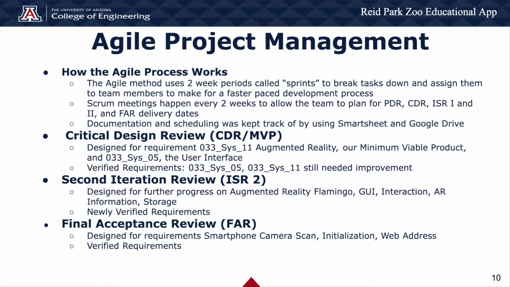Then we also have the final acceptance review, where we put all of it together to make sure it works properly and make sure we have access to smartphone cameras, initializing, web addresses and all that correctly.